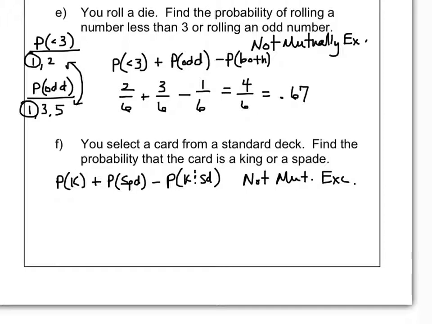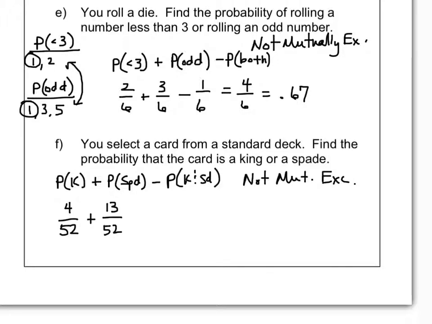So what card is going to be a king and a spade? Well, that's the king of spades. That's the only one. The probability that it is a king is 4 out of 52, plus the probability that it is a spade: there are 13 spades out of the 52.